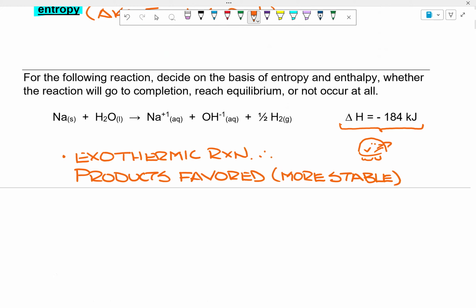Now, that is for enthalpy. For entropy, notice the products are aqueous and gas. Compare that to solid and liquid. So in this particular case, the products are more messy.